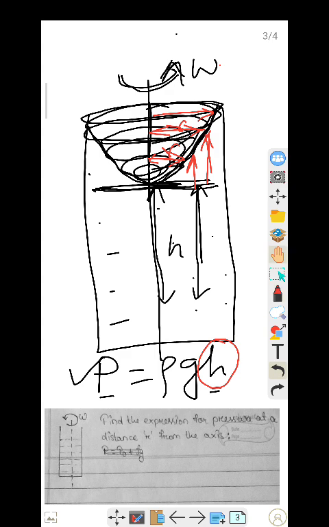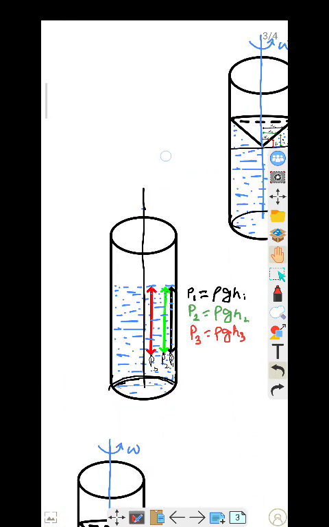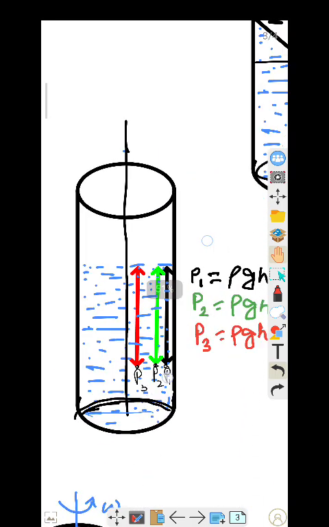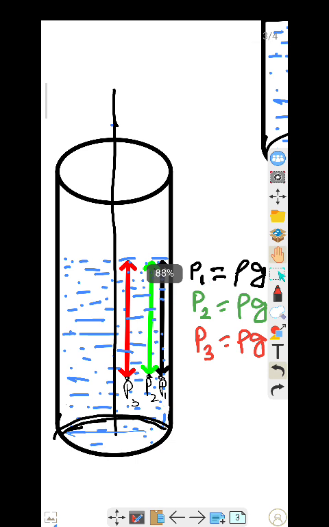So for that, let's move to this part first. I have shown here a cylindrical container containing some liquid, which is not rotating. As an initial step, I have taken 3 different points, 1 to 3, all at the same depth h.